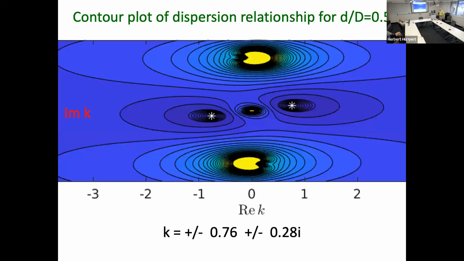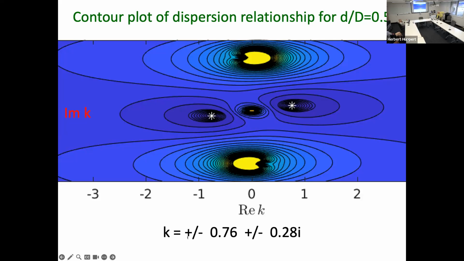Now, if I take the left-hand side and put it on the right-hand side and just show you a contour plot for a case where the coral layer is taking up only half the space. You see there are zeros at these points here, but of course it's the whole variation with parameters that we want to look at.